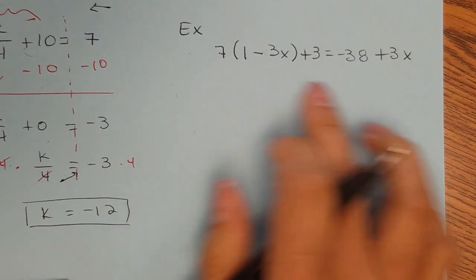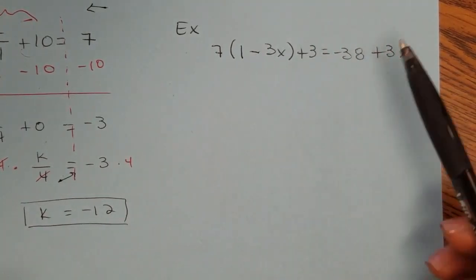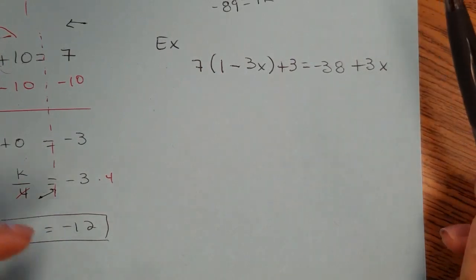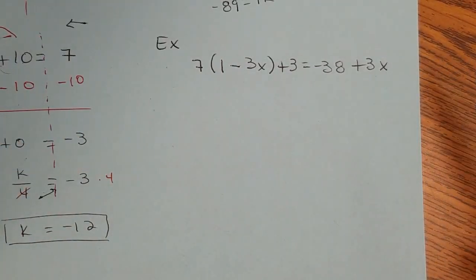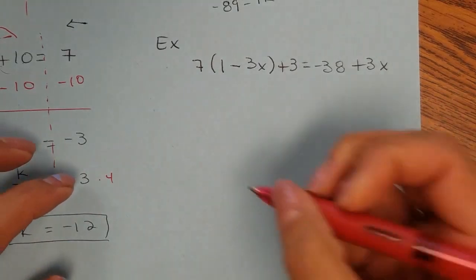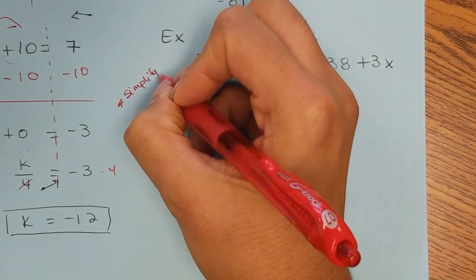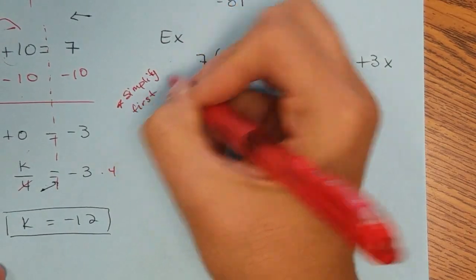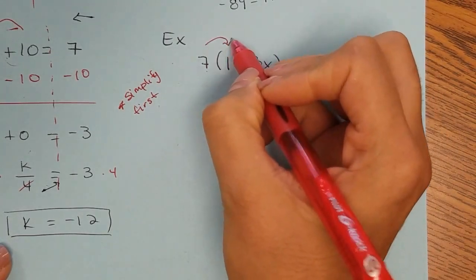As you get a little more advanced, you want to make sure that you combine your like terms and distribute. So we're working our way from the outside in. Your first step is always to simplify. So make sure that you remember to simplify first. When you simplify, you're going to have to distribute whatever you have on the outside.